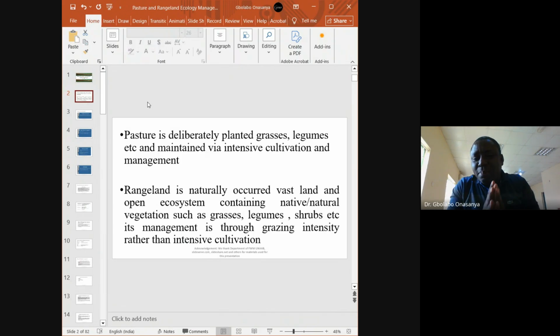A deliberately planted grasses and legume mixture that is managed, maintained, and cultivated is pasture. Am I speaking sense?